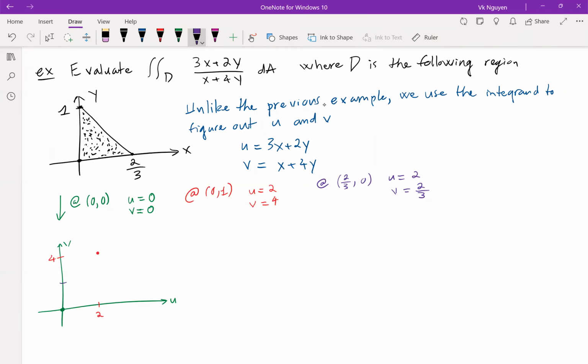I'm gonna cut this in half here. So 2/3 is right here. This one is your region S here.